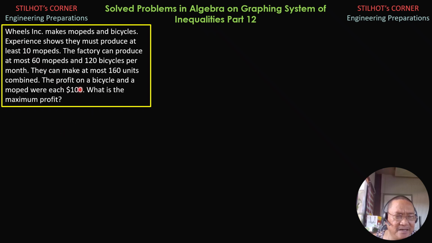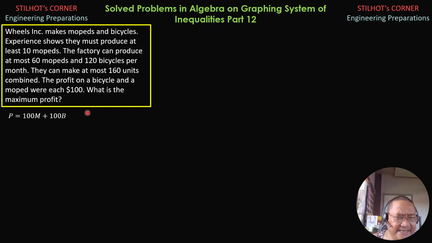So this is profit per bicycle. So the objective function is the profit. Profit is 100M, where M stands for the number of mopeds to be produced each month, plus 100B, B for the bicycles.